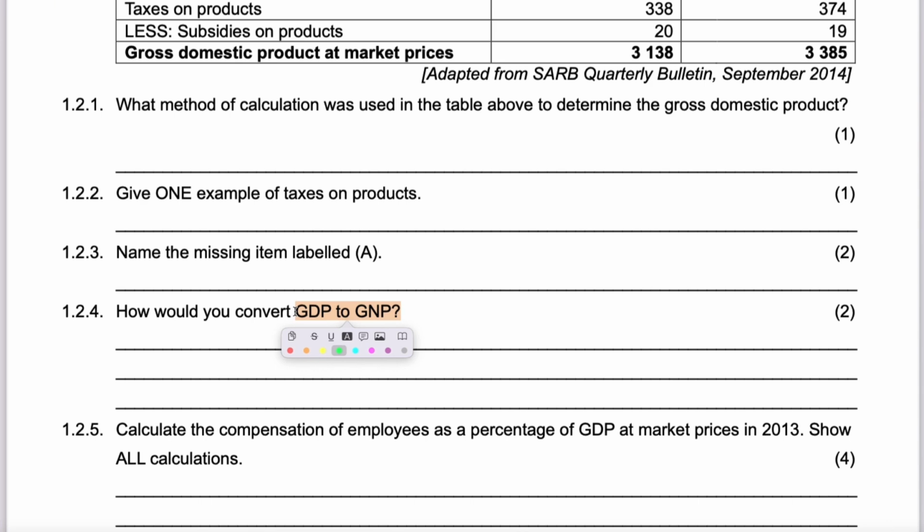Then we subtract primary income to the rest of the world, meaning income to people who are not South Africans who are in South Africa. I hope you get it.